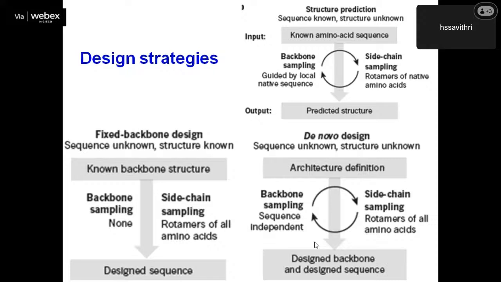See, if you remember the blue space that we saw in the very first or second slide, the sequence space is unlimited. There are so many sequences, but life has chosen a minuscule fraction of the sequences for its use in living organisms. What about the other sequences? Can we explore those regions which are not found in any organism?